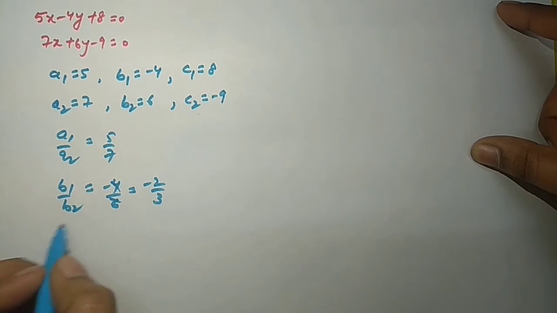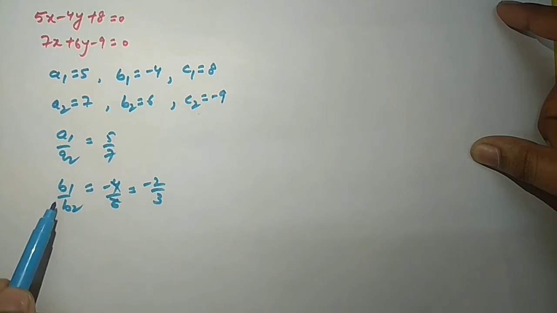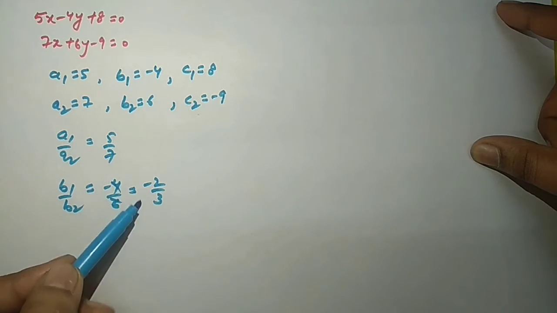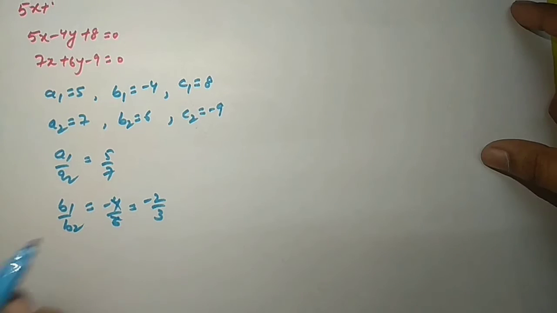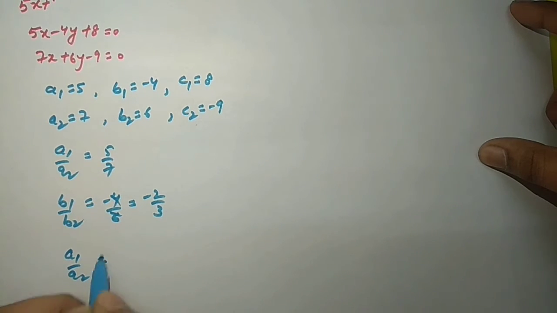Next, we need not find c1 upon c2, because a1 upon a2 is not equal to b1 upon b2. We can see here, they are not equal. So the first type of condition was intersecting lines. Here a1 upon a2 is not equal to b1 upon b2.